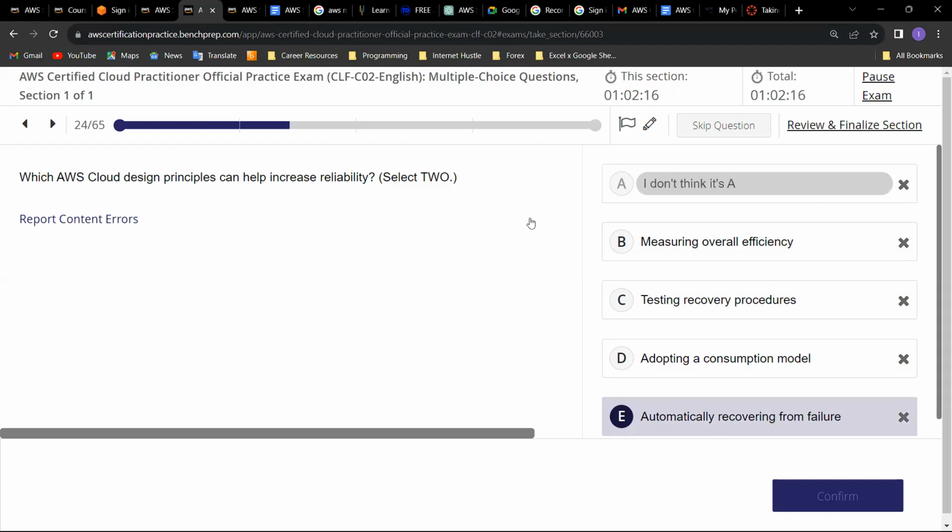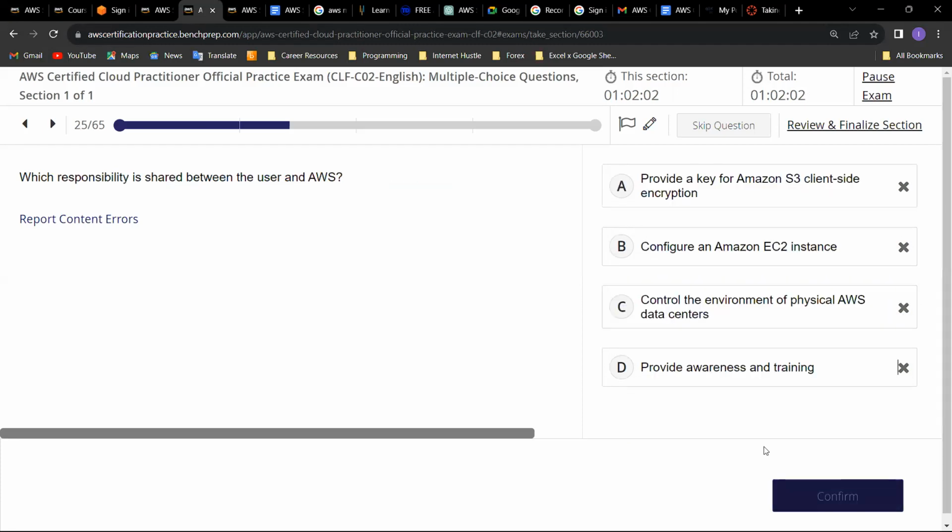Monolithic is not it, because monolithic are tightly coupled stuff. Right? But majority is CE. So we'll go with C.